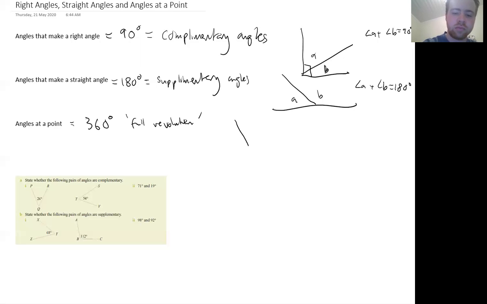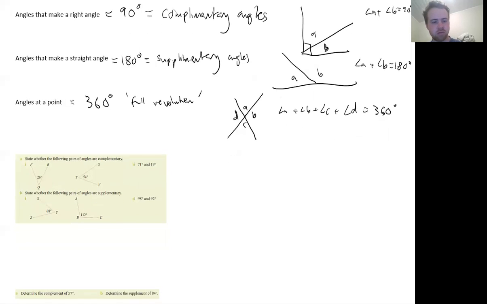So if you've got a point like this, and you've got A, B, C, D, we know that the angle A plus the angle B plus the angle C plus the angle D will have to equal 360 degrees, because combined they make a full revolution around a point. Now, armed with this, we can work out missing angles or work out whether or not angles are complementary, supplementary, or make a full revolution.